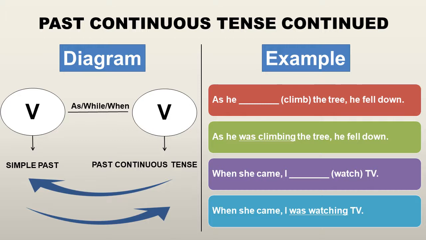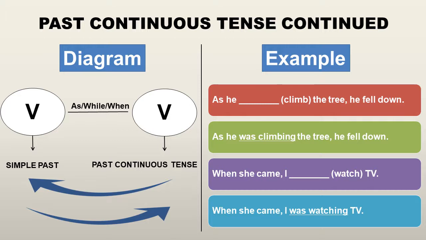Now we very much know, if you look at the diagram, that the simple past tense form verb is there, fell. We have the signal word as, so the other verb will definitely be past continuous tense. So your answer would be: as he was climbing the tree, he fell down. Now look at the second example. We have the signal word when.